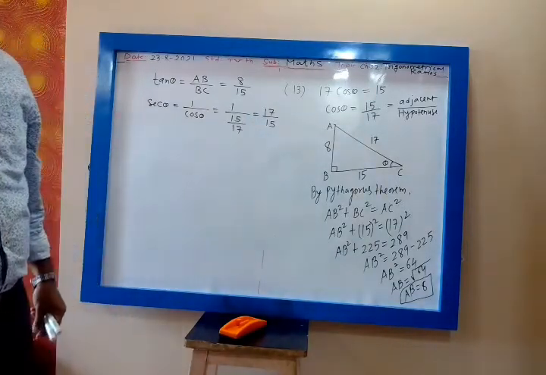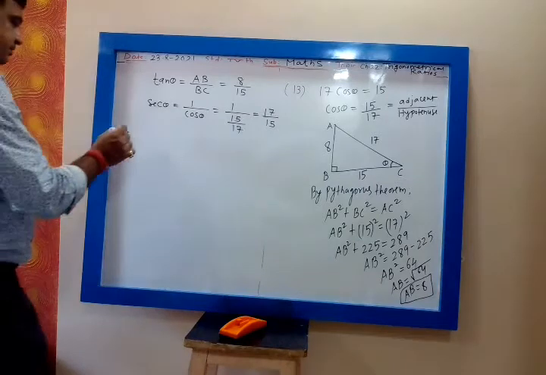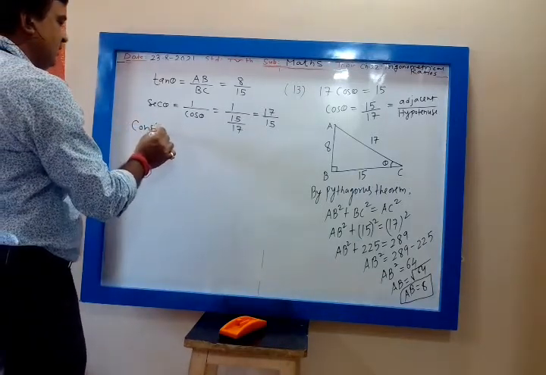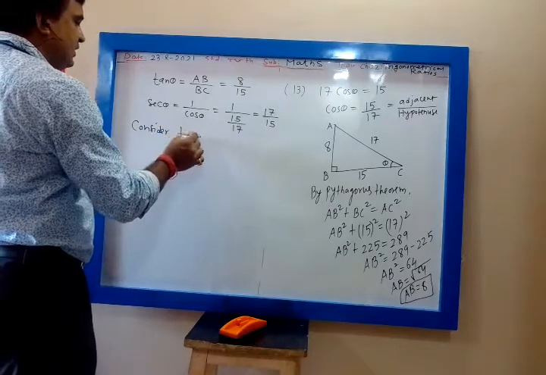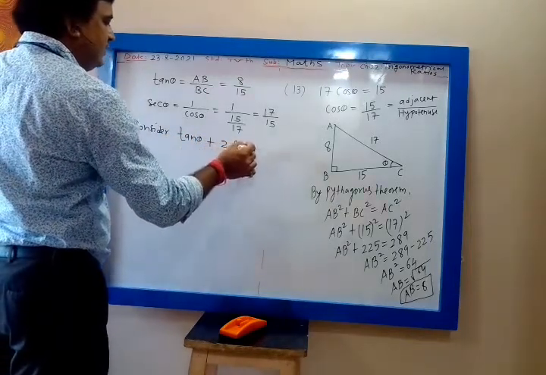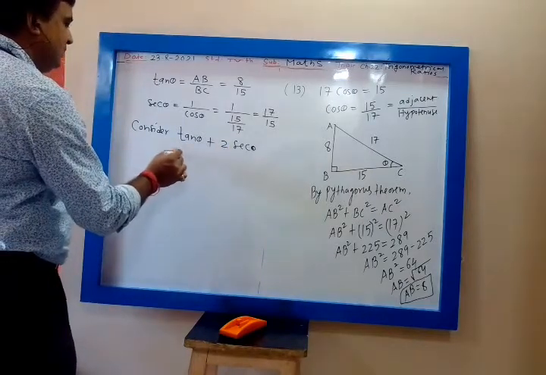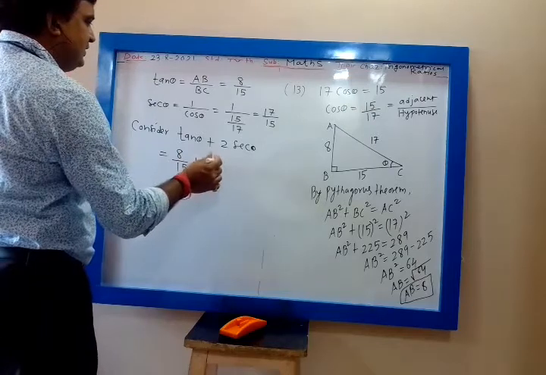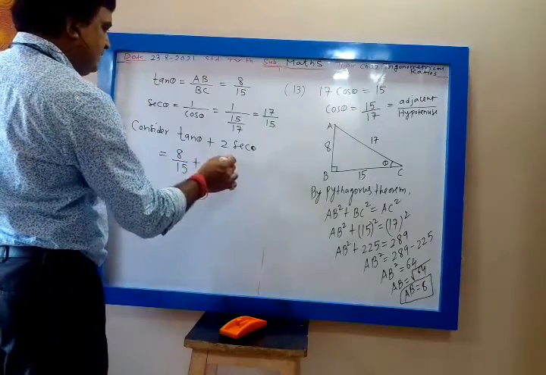Find the value of tan theta plus 2 sec theta. Tan theta is 8 by 15 plus 2 into sec theta. Sec theta is 17 by 15.